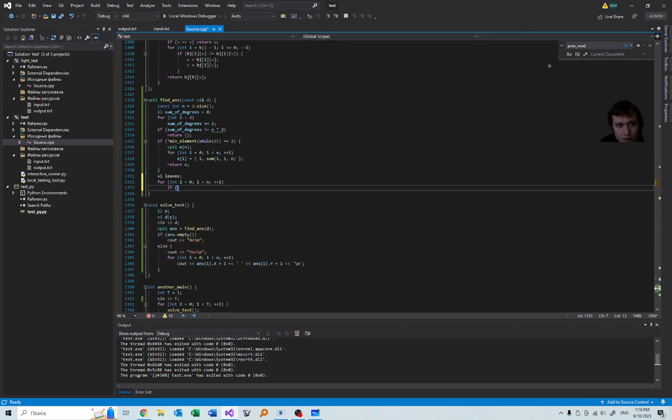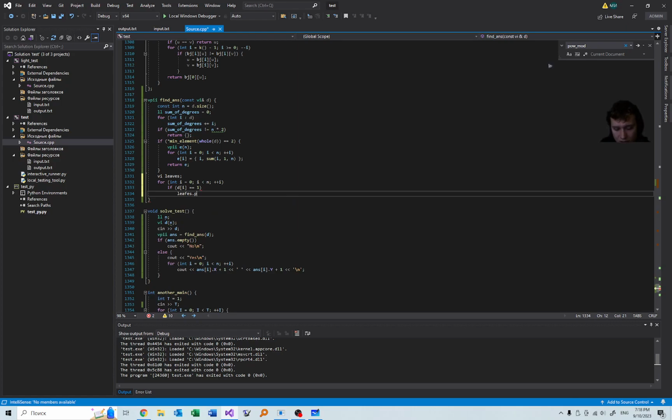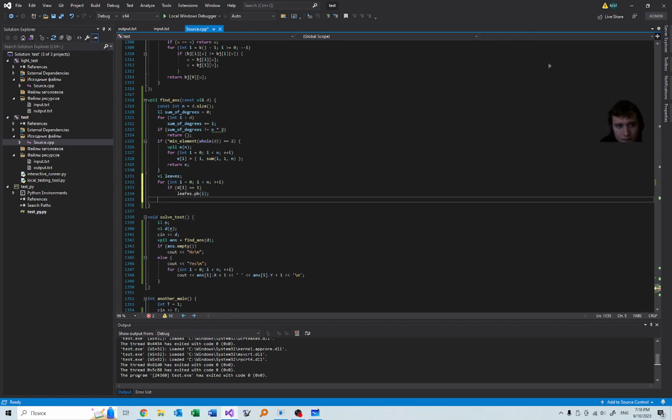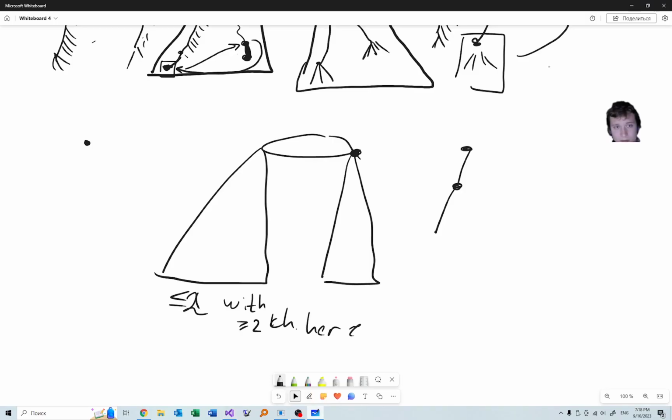So if d[i] equals 1, then leaves.push_back of i.